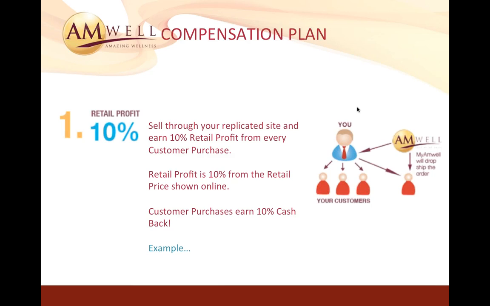So if they're just buying as a customer, they're paying full retail price, you get that 10% as a retail profit. One of the great things about retail profit, which I'm not sure if many people know because I've been asked quite a few times on this, is retail purchases, even though it's a customer buying online, you as that replicated site owner, it's your replicated site, it's your retail customer, you also get 10% cash back.